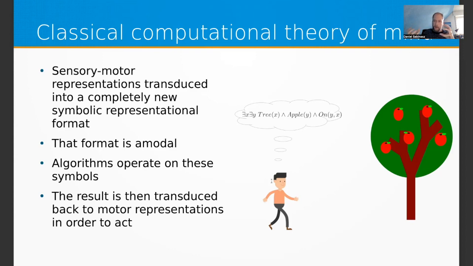And that algorithm then generates a result, which is again given in terms of amodal symbols. And then if the conclusion should lead to an action, for example, then that symbolic representation is again transduced back to the motor representations in the motor regions of the brain that allow you to act.